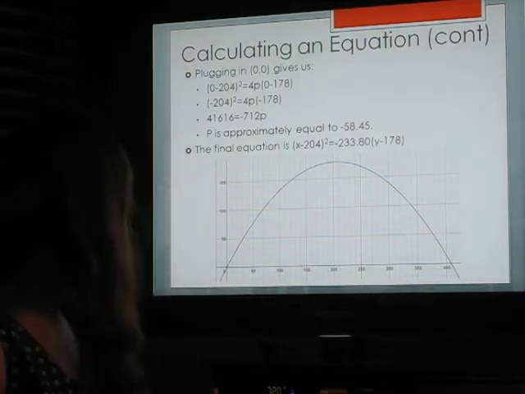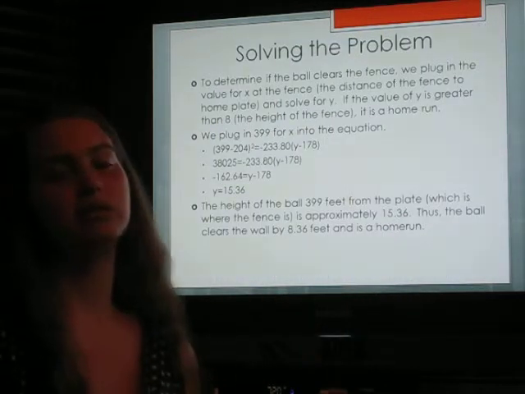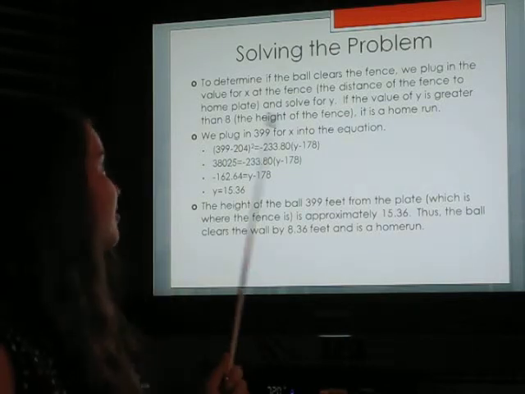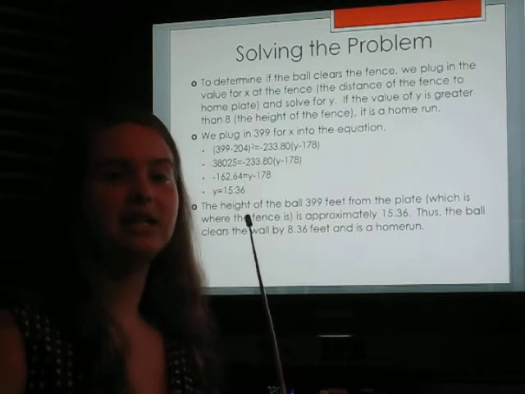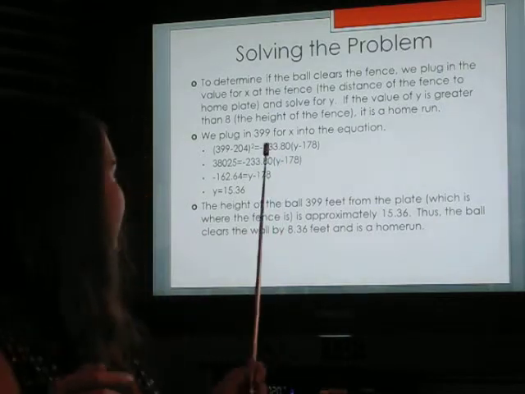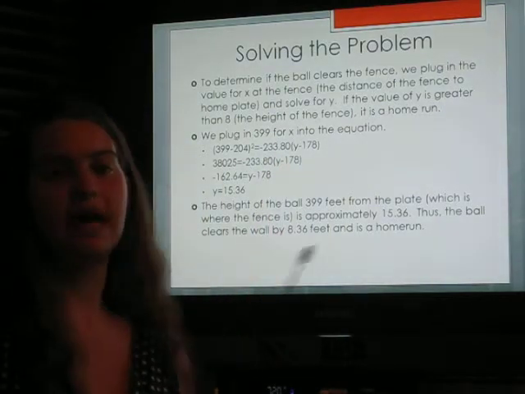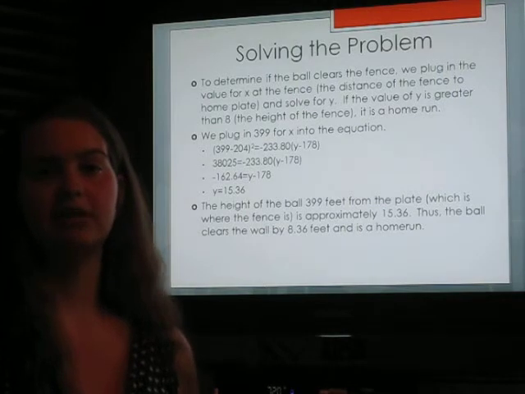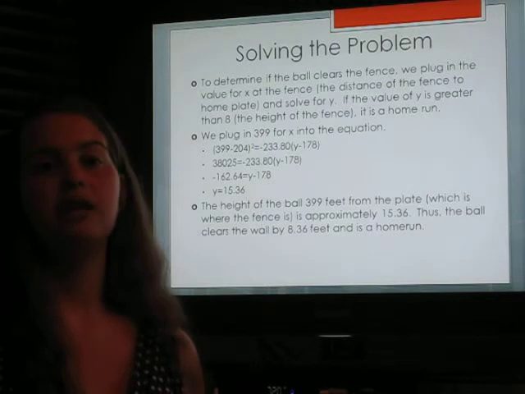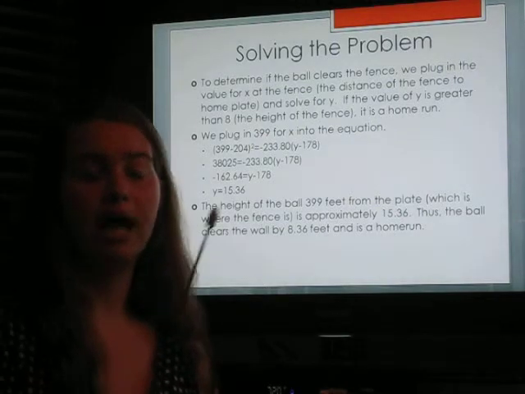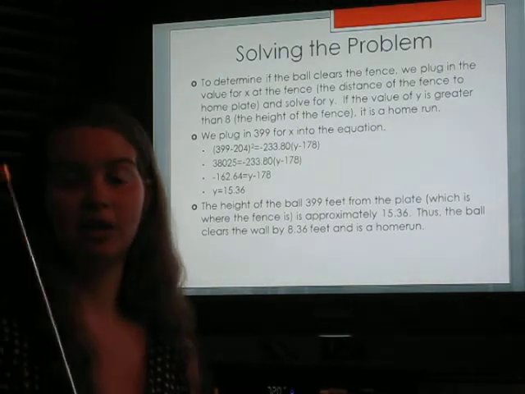Now remember, the next thing we have to do is calculate whether that would have cleared the fence, which is 8 feet high and 399 feet away from home plate. So in order to do that, we can plug in 399 for x, because that's the distance from home plate, and from there we can calculate y to find how high the ball was.